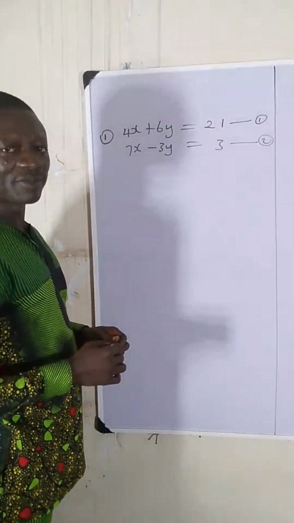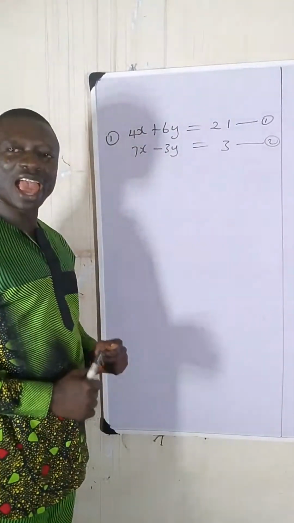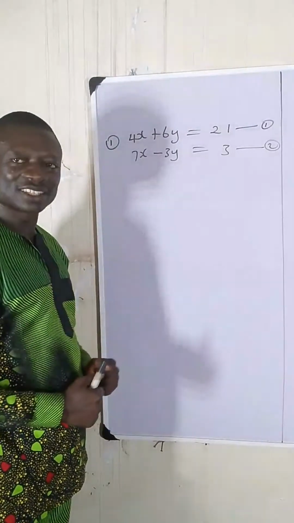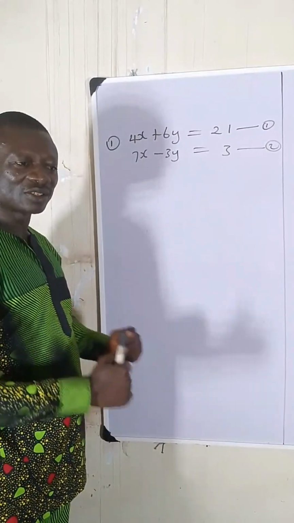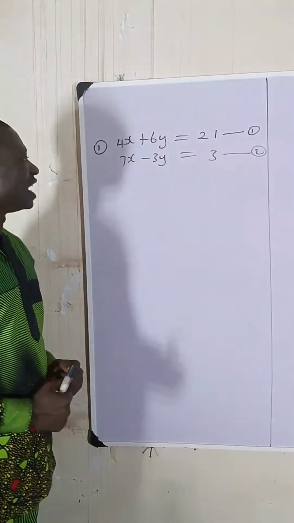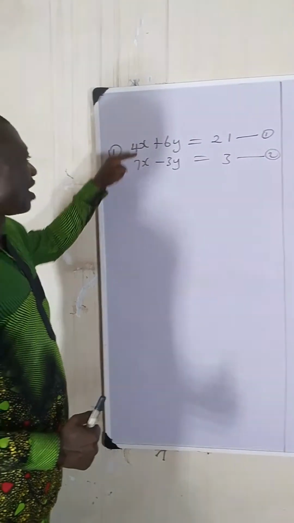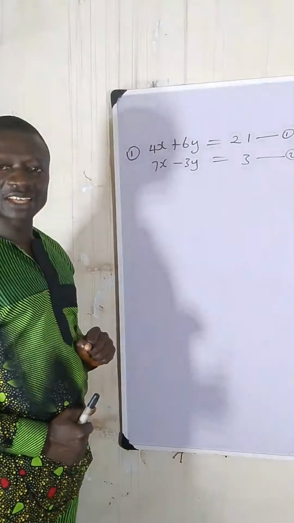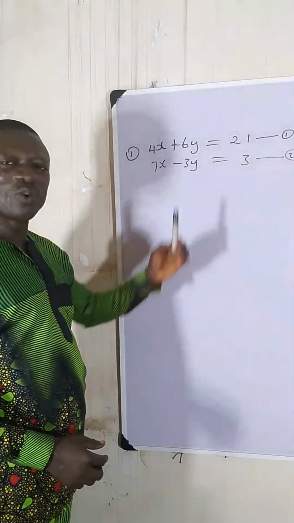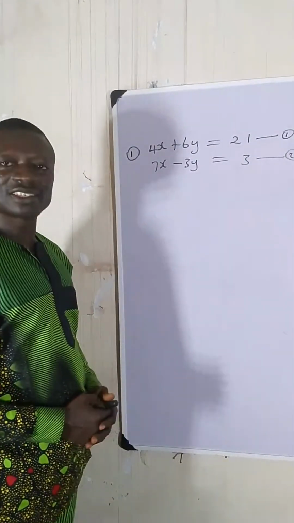Now remember that even though we are solving the values for x and y simultaneously, we must eliminate one first and then solve the other. What does it mean? We need a situation where the same number is here for x, then we eliminate x. Or the same number is here for y, then we eliminate y. Let us eliminate y first.